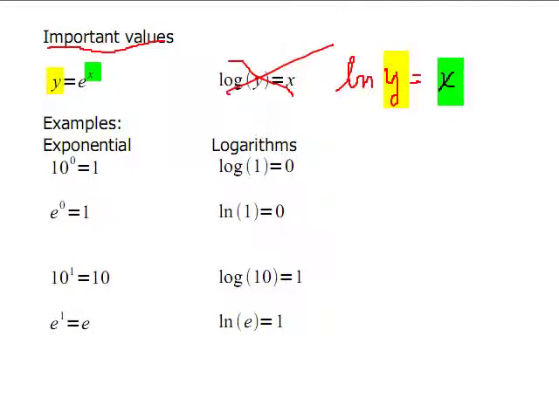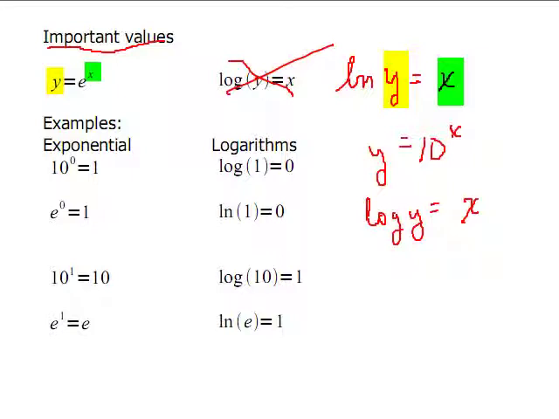The same thing happens if I have an equation like this, y equals 10 to the x. Then if I take the log of the answer y, I will get the exponent x. Let's see how that works. And these are the important values, and this also demonstrates that rule.